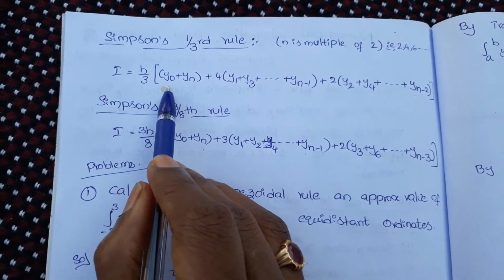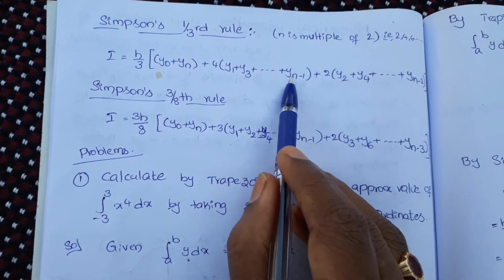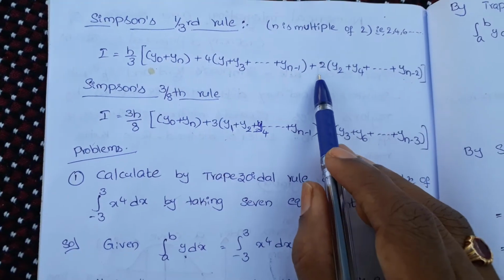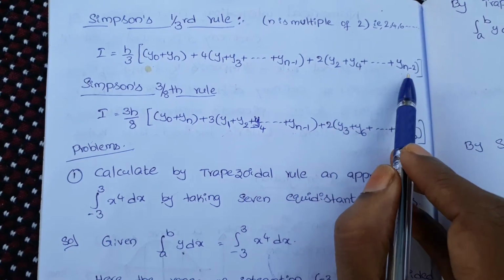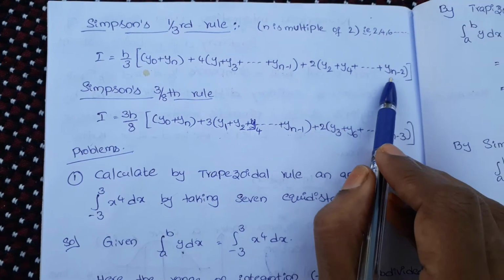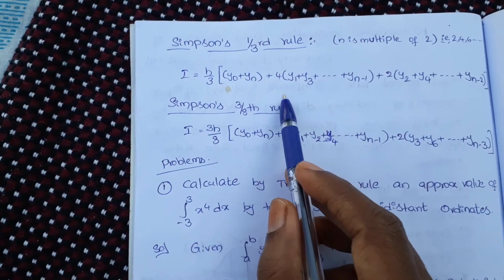The first value and the last value, plus 4 into y1 plus y3 plus yn minus 1. Here odd number values are selected. Plus 2 into y2 plus y4 plus yn minus 2. Here even number values are selected. So that is Simpson's 1/3 rule.